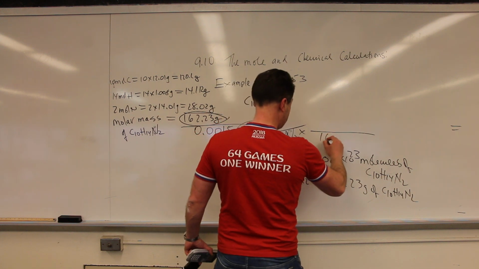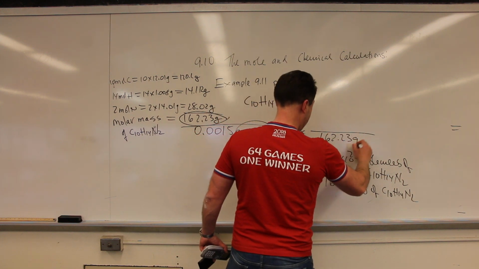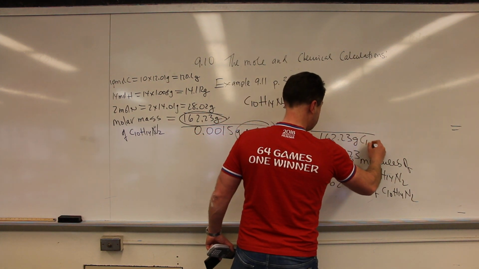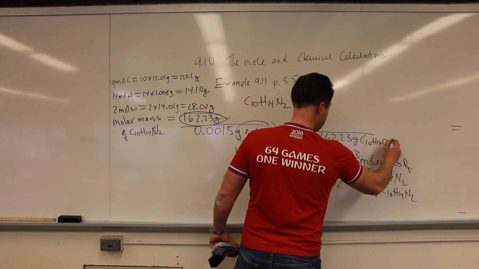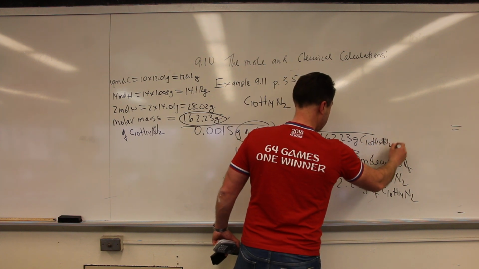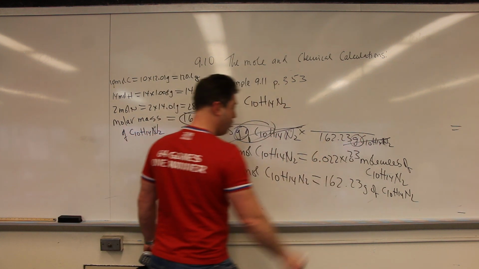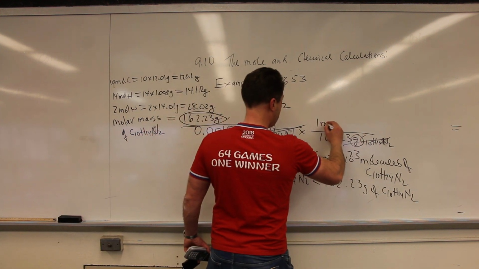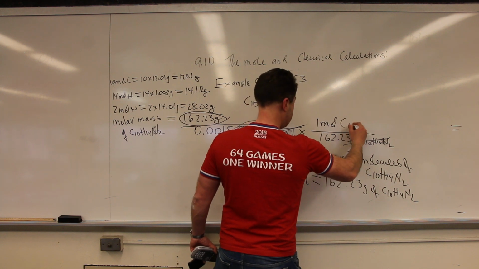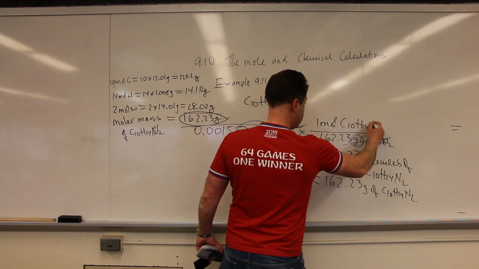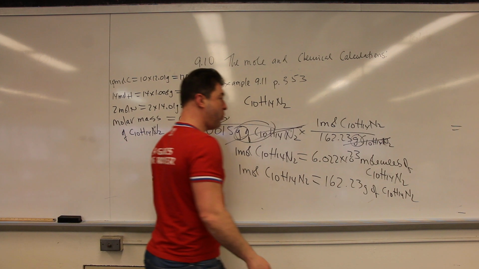So 162.23 grams of C10H14N2 will go on the bottom, cancel, cancel. Now I can cancel same units. That's important, guys. And then one mole of C10H14N2 will go on top.